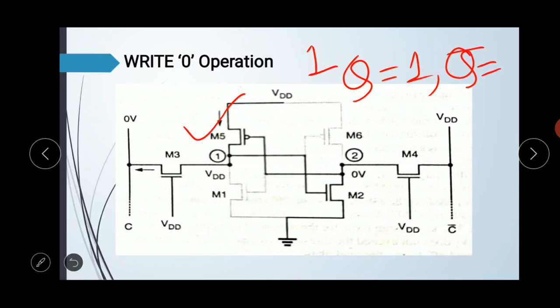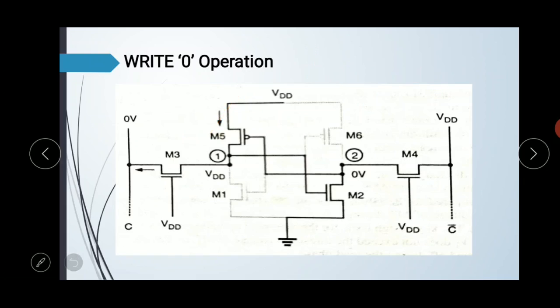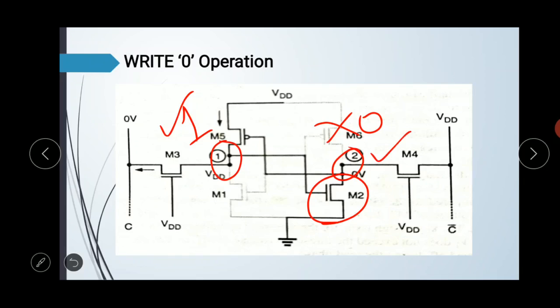So this point is 1 and this node point is 0. When Q equal to 1, that means M2 is turned on and M6 is turned off, and when this node voltage is at 0 level, that means M1 is in off condition and M5 is in on condition.